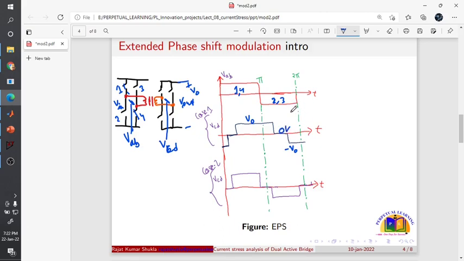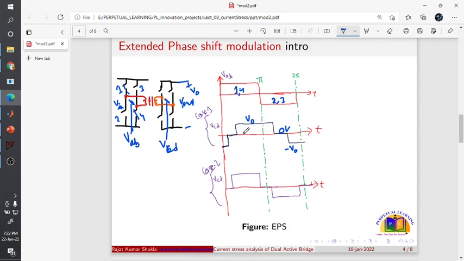So in the extended phase shift modulation, either the primary side or the secondary side has a step wave type voltage impressed. I will show you how this type of switch arrangement is possible to introduce the 0 voltage signal here.